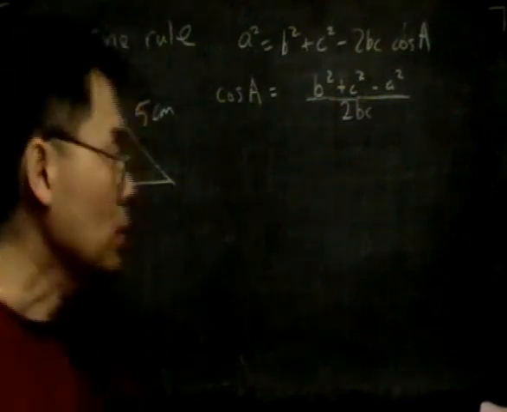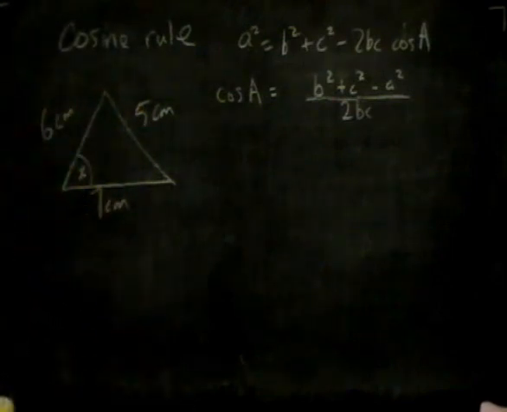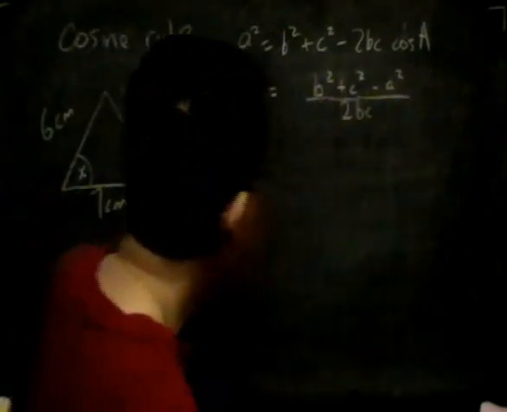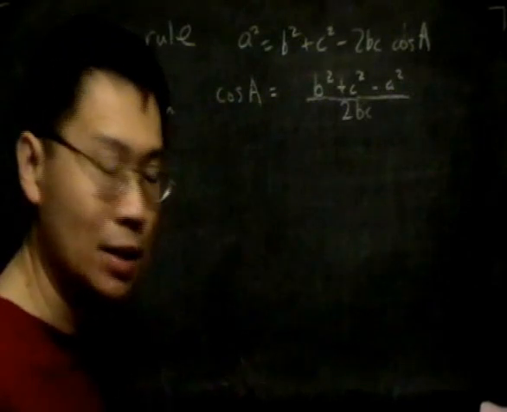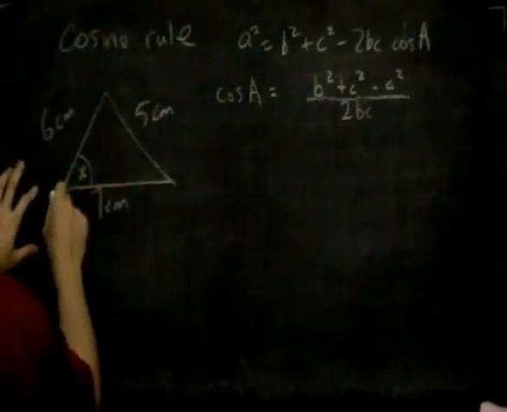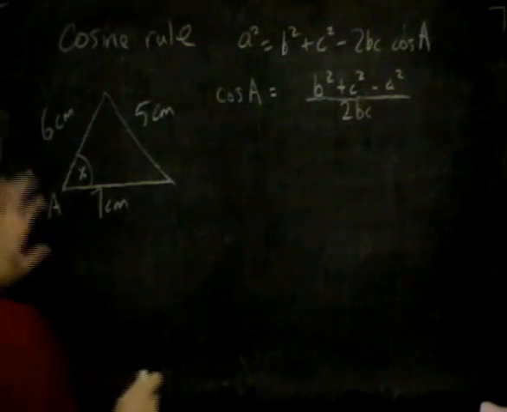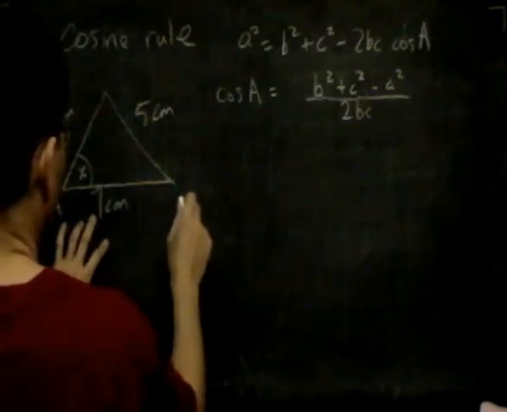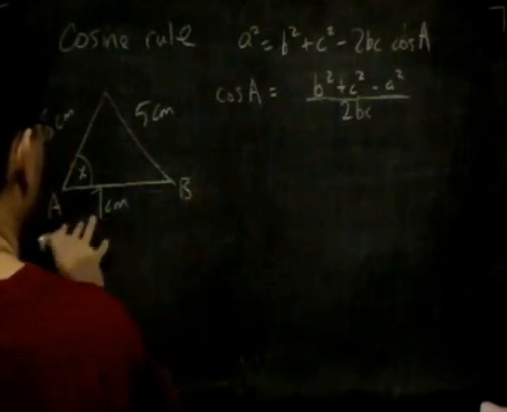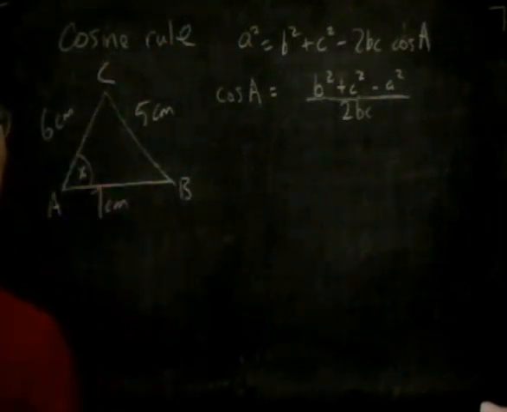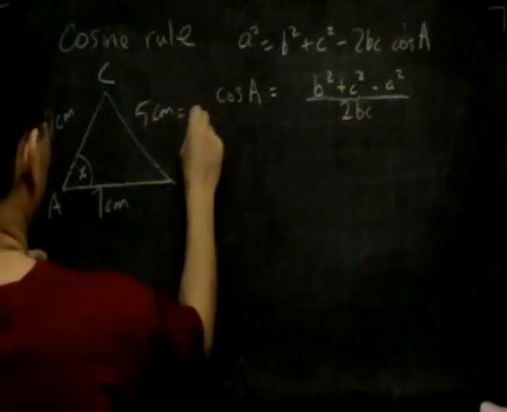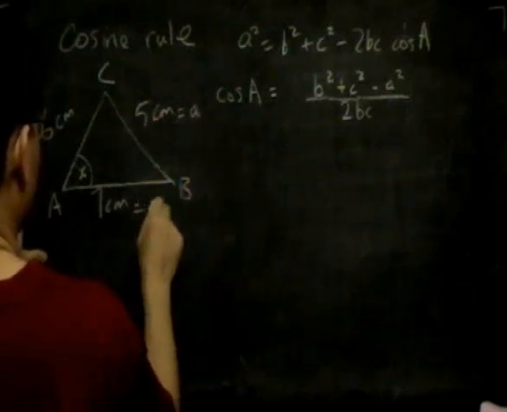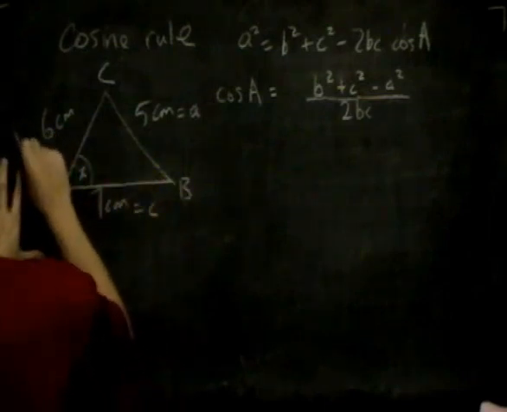So how would we do that? If I'm going to make use of this formula, I can think of the x as the angle A. So let me call this side A. Now I can call the other sides either B or C. Okay, so this side will be letter A, letter C, that's letter B.